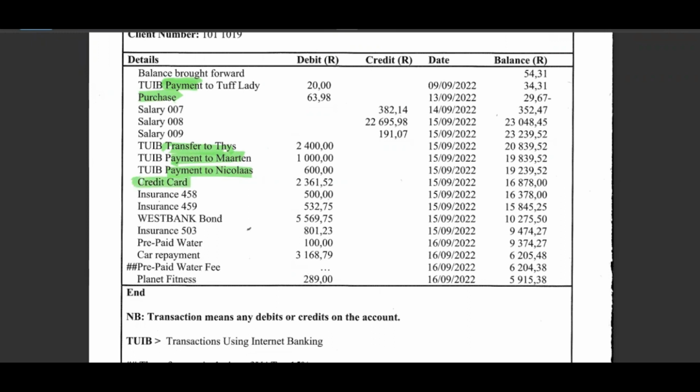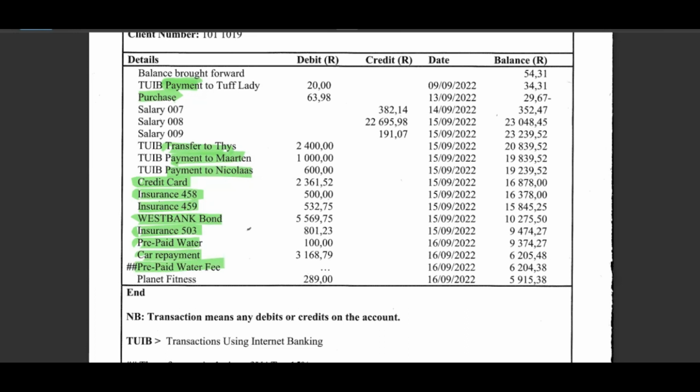The credit card took the money, insurance again. There are two items, the insurance, then the bond, insurance again, three insurances, prepaid water, car repayment, the prepaid water fee, bank charges, I think. It's also a transaction.